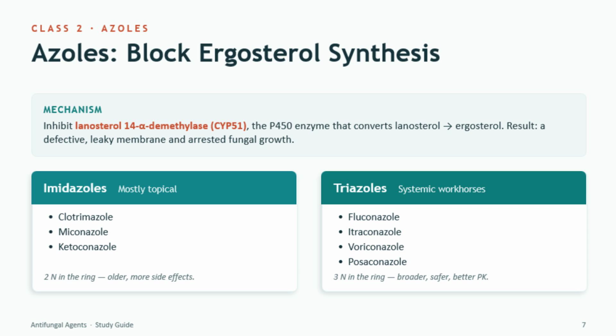The imidazoles have two nitrogens in the ring: clotrimazole, miconazole, ketoconazole. They're older, mostly topical, and carry more side effects. The triazoles have three nitrogens: fluconazole, itraconazole, voriconazole, posaconazole. These are your systemic workhorses, safer and with better pharmacokinetics.